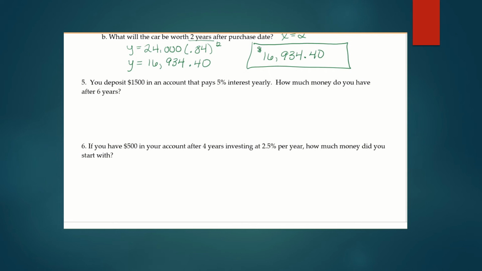We are simply going to be using our regular formula that we've been using for exponential functions. Our deposit of $1,500 is our A. Okay, here's A, here's R, interest yearly, that's our X.